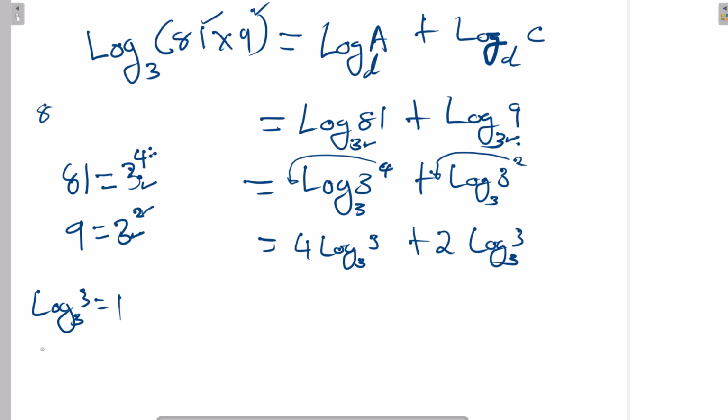as long as we are having a logarithm which is similar to the base. For example, log 10 base 10 is equal to 1. Why are we saying that? Let us give another example. Log 2 base 2.